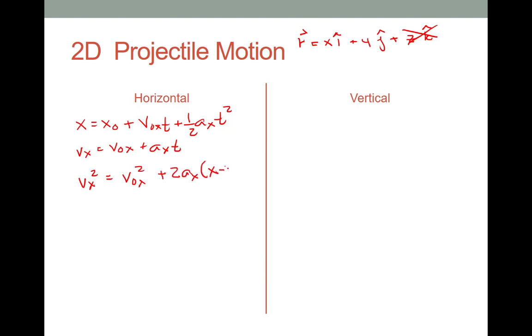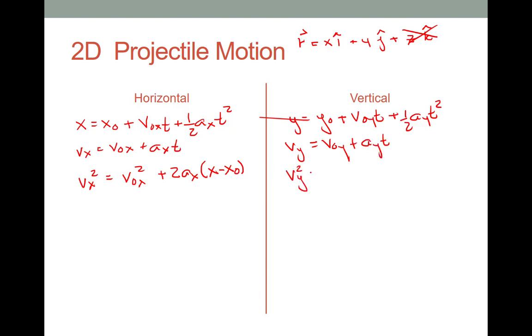And notice there's lots of subscripts here because I'm going to have a horizontal velocity and I'm going to have a vertical velocity. I'm also possibly going to have a horizontal and a vertical acceleration. So those also needed subscripts.